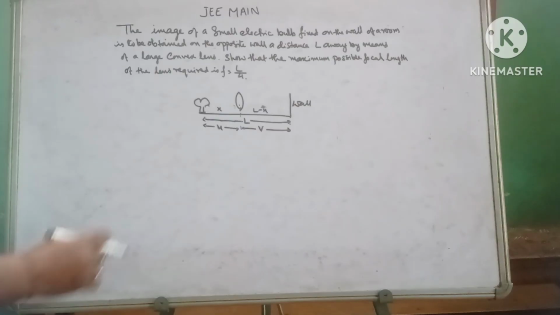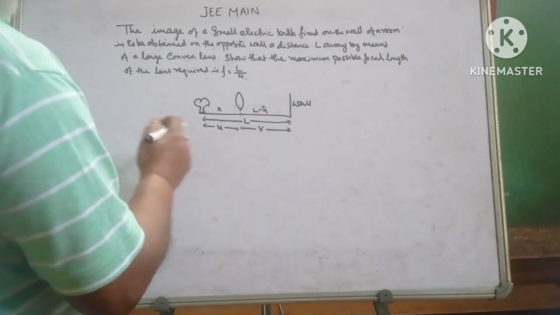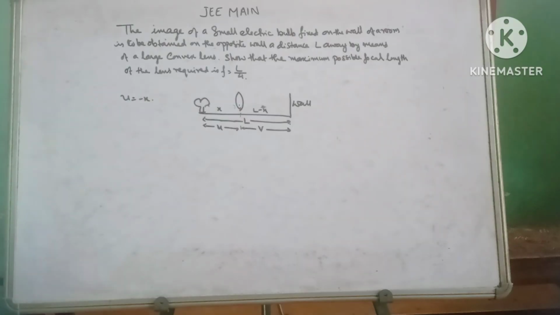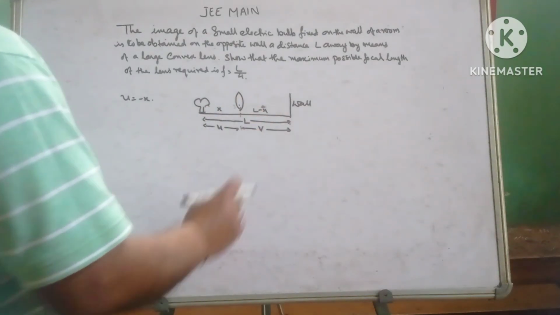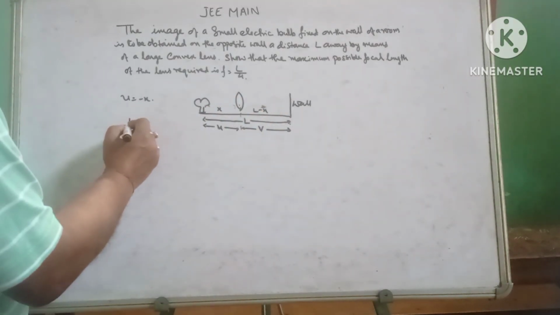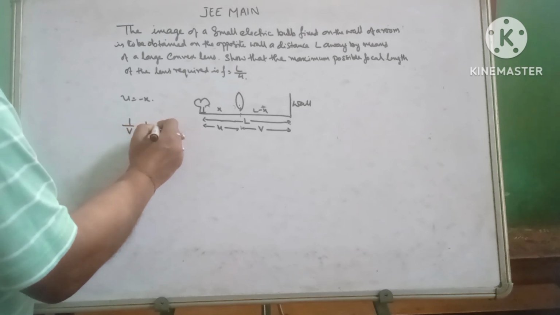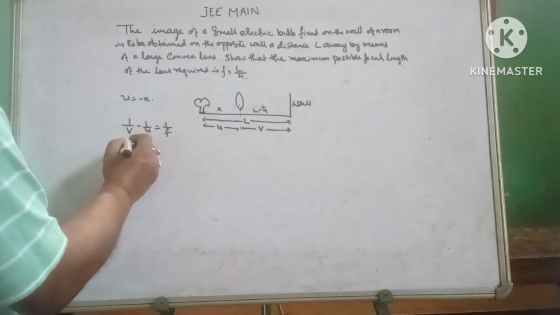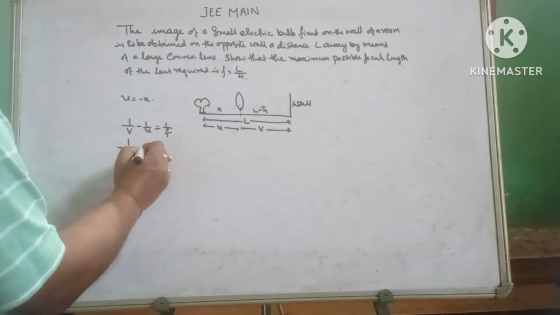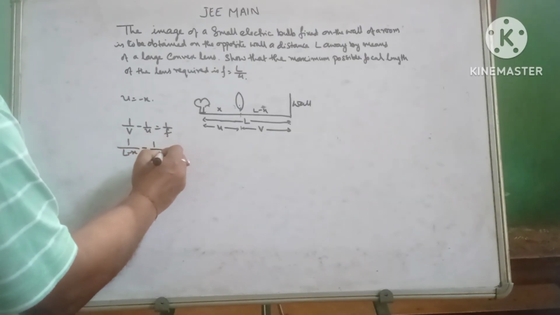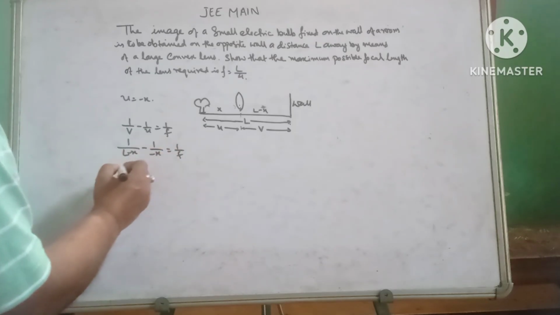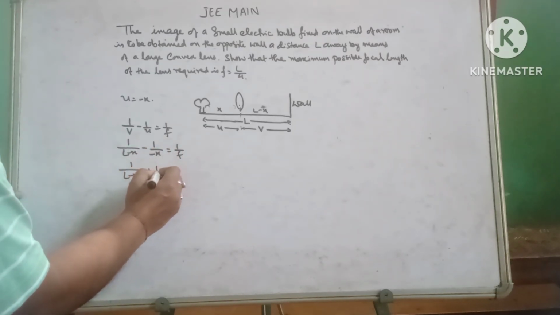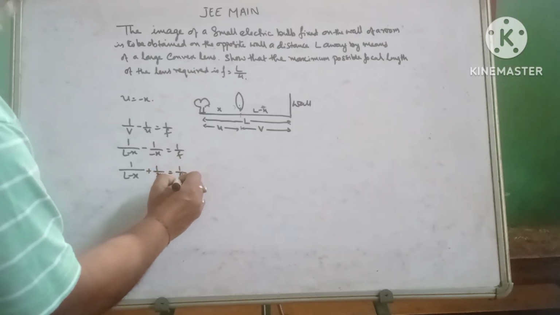According to the sign convention, u will be minus x, and the focal length is positive. So 1 by v minus 1 by u is equal to 1 by f. This is 1 by (L minus x) minus 1 by (minus x) equal to 1 by f, so 1 by (L minus x) plus 1 by x equals 1 by f.